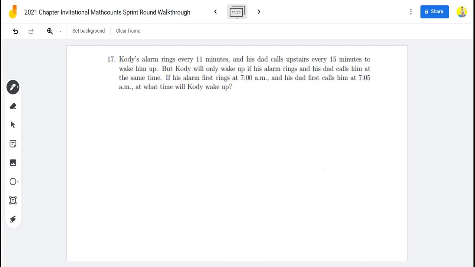So we just need to set the time after 7 a.m. to be the same, and that's the time that Cody wakes up, adding 7 a.m. to it. So from here, we see that at the start, his alarm rings 0 minutes after 7 a.m., then 11 minutes, then 22 minutes, then 33 minutes, then 44 minutes, then 55 minutes, and so on.